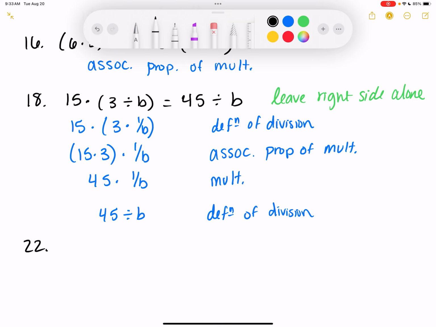She gave us a final agreement, 22, word for word. 12b plus 15 in parentheses minus 3b equals 15 plus 9b. Use a different letter. I don't care.